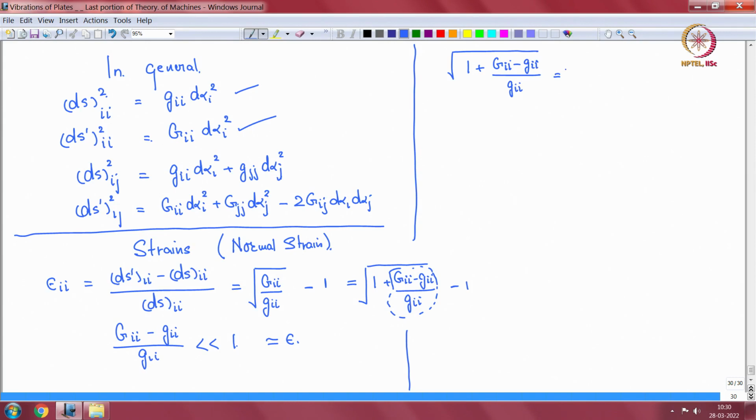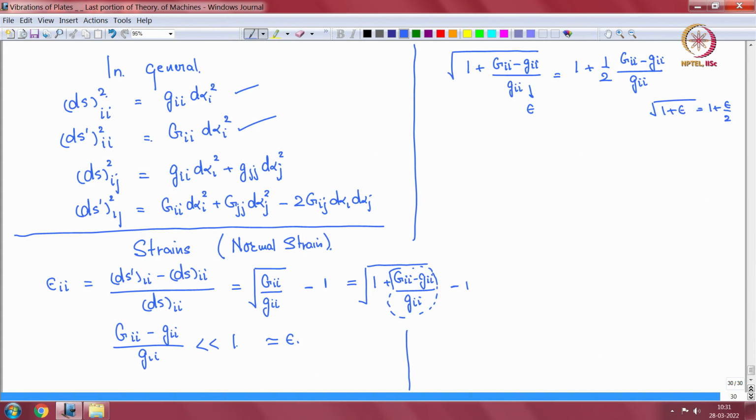If this is a small quantity epsilon, then the binomial expansion of square root of 1 plus epsilon is 1 plus epsilon by 2.